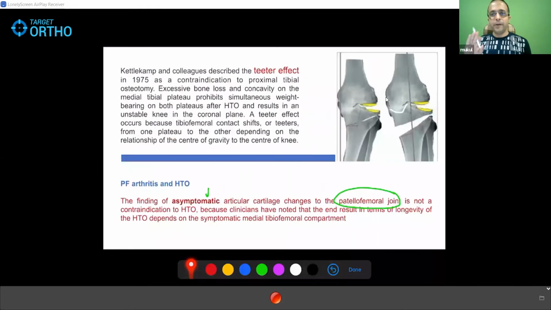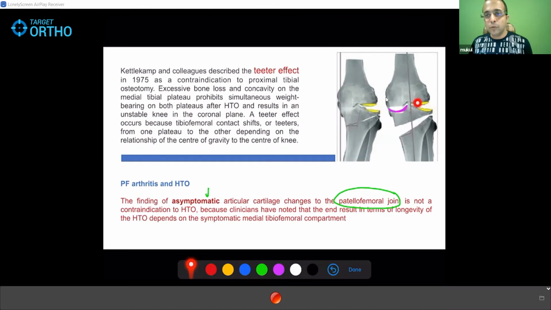Anuj wants me to explain the teeter totter effect again. I'll explain it to you. Anuj, if you have a concavity on the tibial plateau, suppose this much bone is not there, so there is bone loss on the tibial plateau. You do this STO and correct the alignment. Now you cannot have simultaneous weight bearing here.